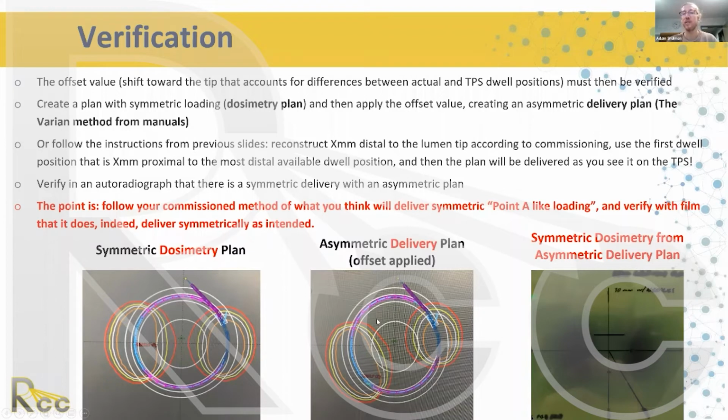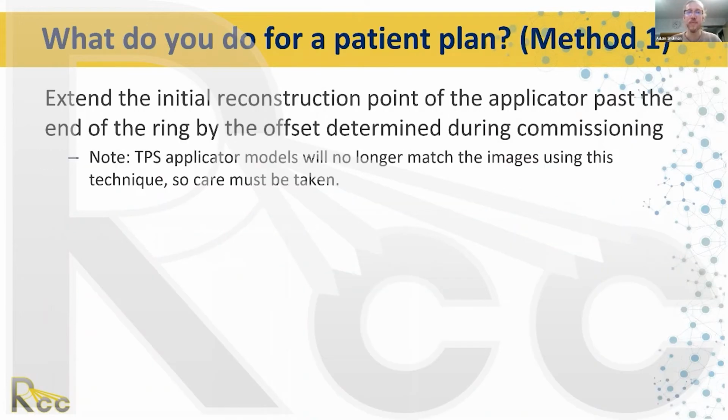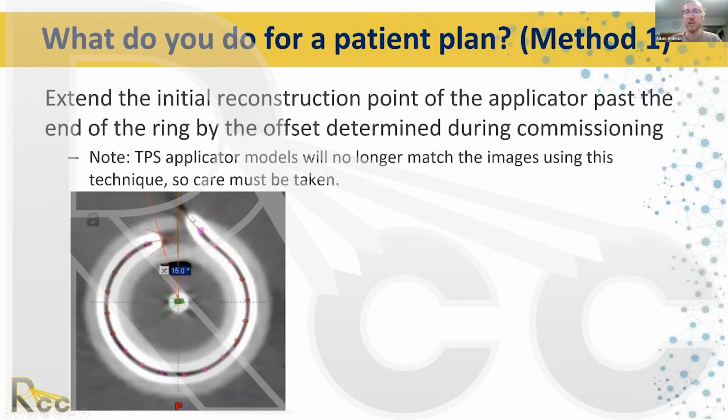There are other methods that you can use to create proper delivery and dosimetry, and we'll describe a couple of those. One method is to extend the initial reconstruction point on the applicator past the end of the ring by the offset determined during commissioning. Note, TPS applicator models will no longer match the imaging using this technique, so care must be taken.